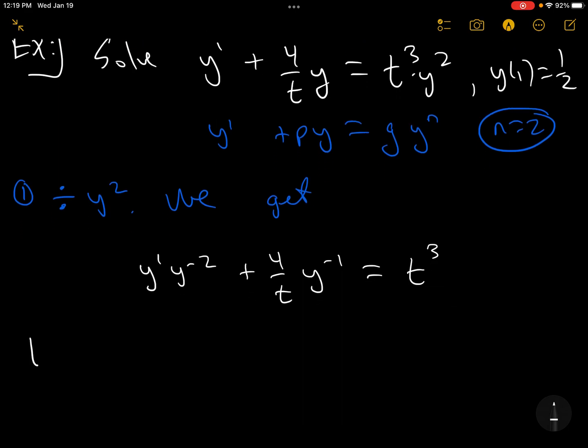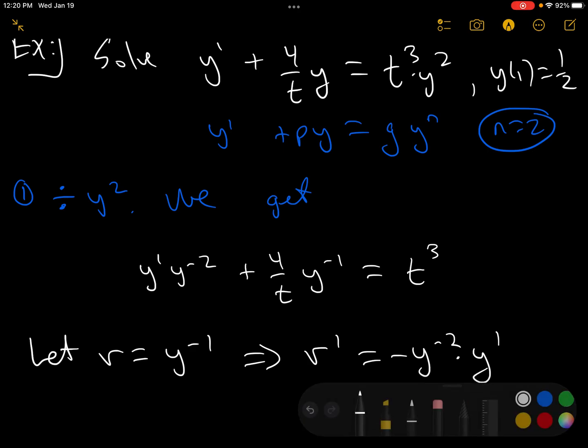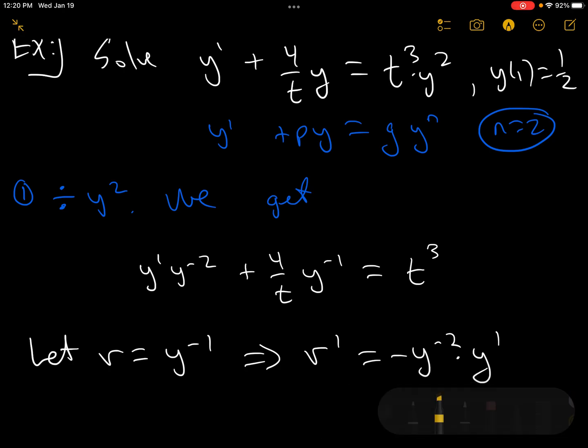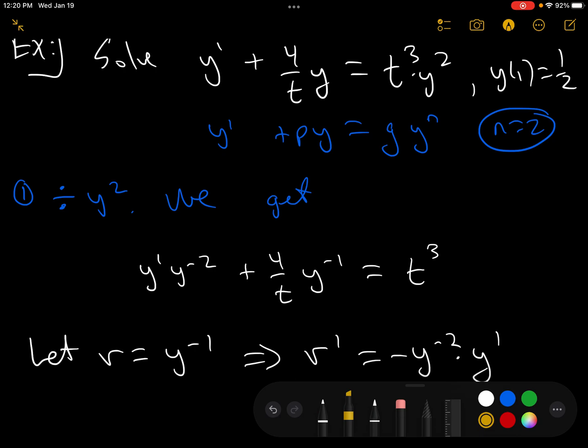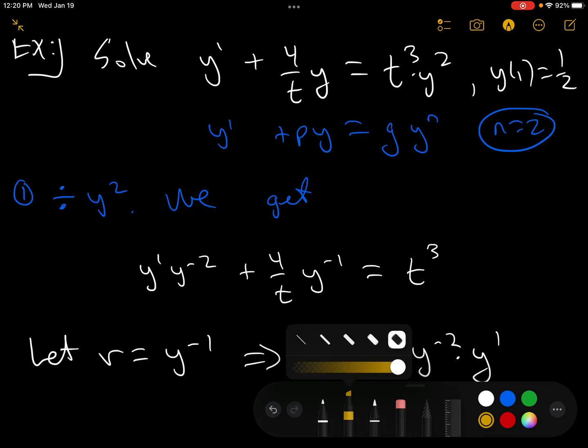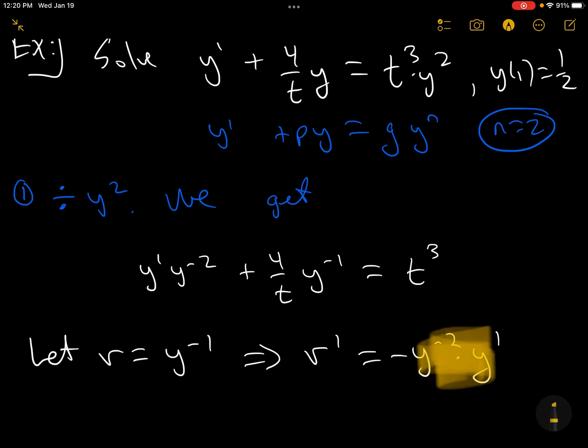Okay, so now let v be y to the minus 1, which says v prime is minus y to the minus 2 times y prime, right? And this is sitting right here with a negative out in front of it.